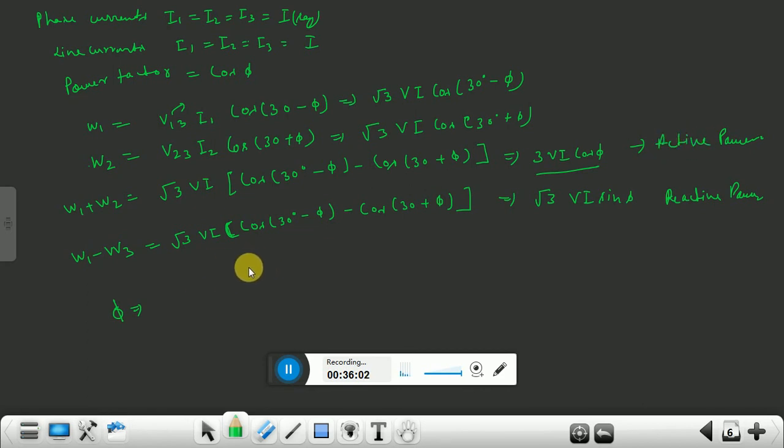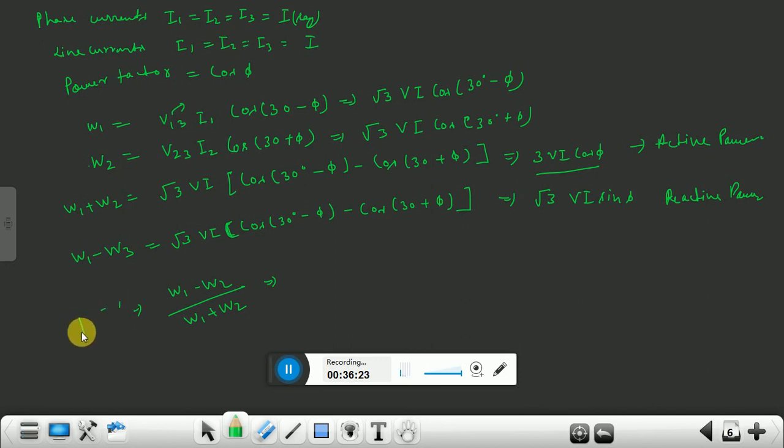So written here, perpendicular is your reactive power, means W1 minus W2, and W1 plus W2 is your active power. So this is your tan phi.